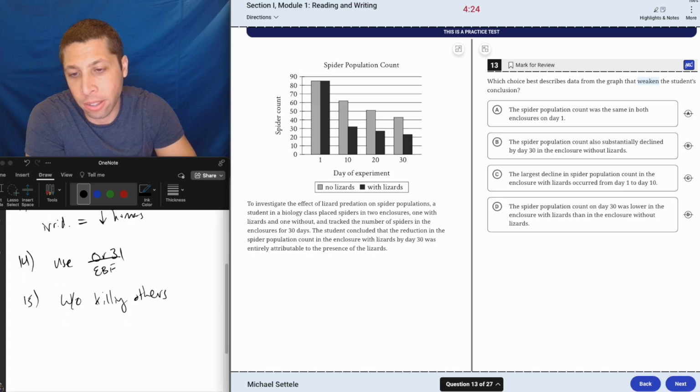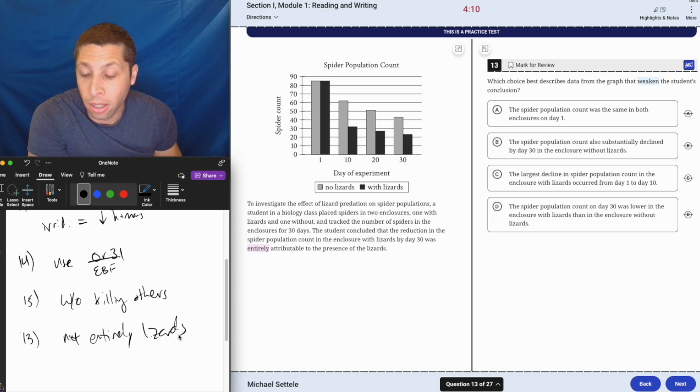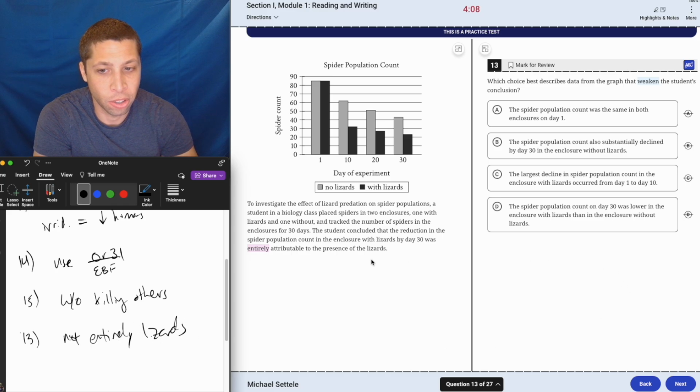Okay, well, entirely is the problem there. Right, so what would weaken it? As long as it's not entirely attributable to the presence of the lizards. So that's the thing. So not entirely lizards. That would weaken the student's argument. It's such a strong argument.